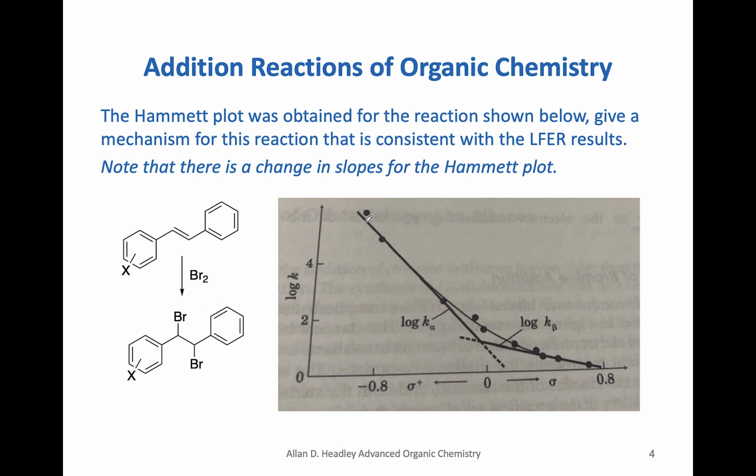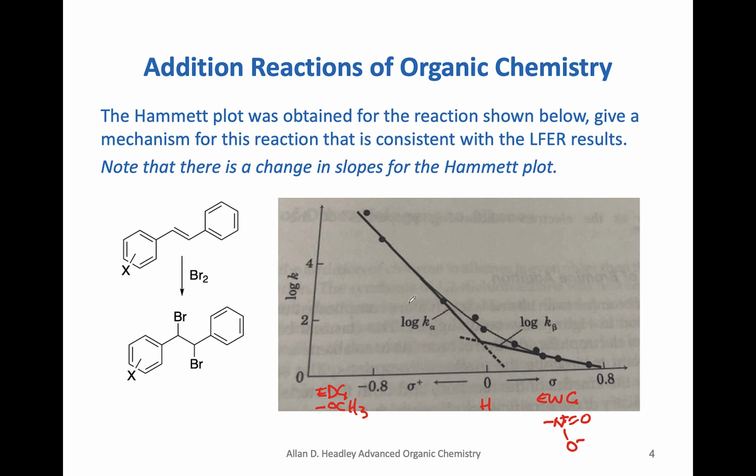As you can see here, this is a negative slope, where these are electron donating groups here, and over here these are electron withdrawing groups. So you have your OCH3 over here, and at this end, of course, hydrogen is right in the middle, and at this end you have your NO2, electron withdrawing groups, such as the nitro or the cyano.